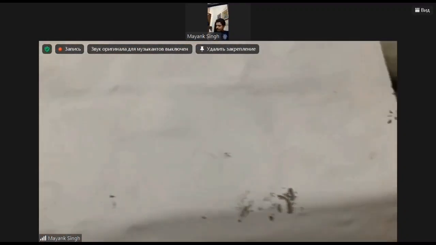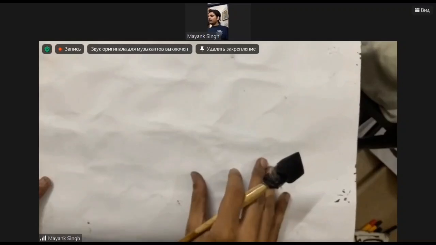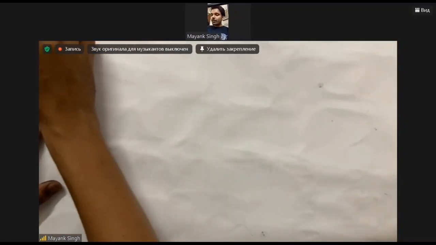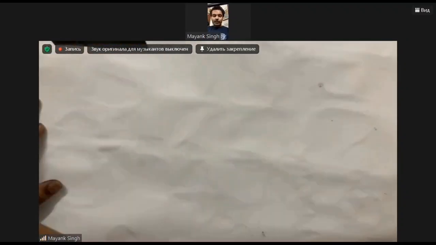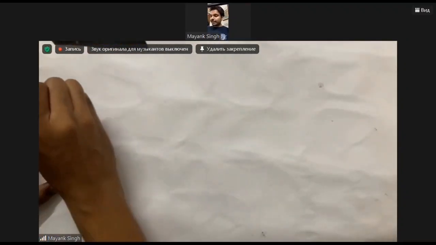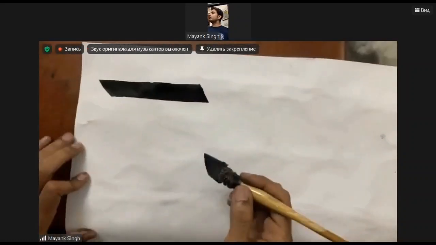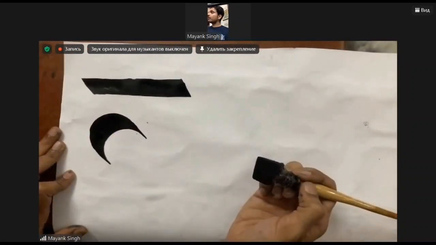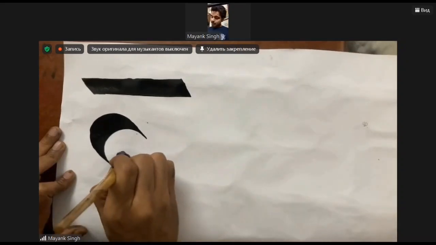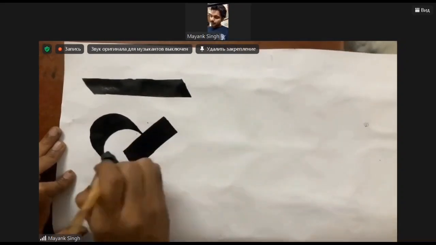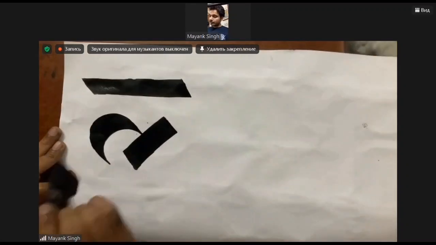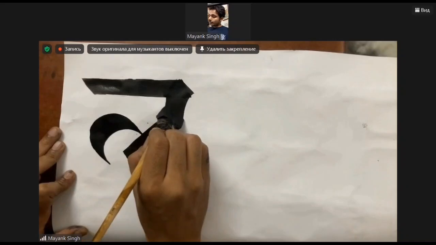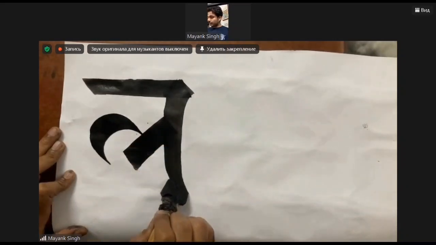I will begin with La. La is also one of the alphabets that uses a crescent stroke. So the first stroke would be a half crescent, a straight stroke like this, and then from this point, this is where your stroke should meet this stroke.